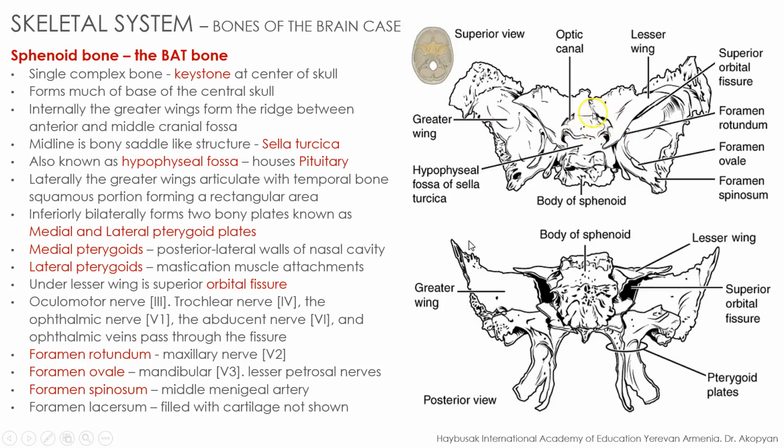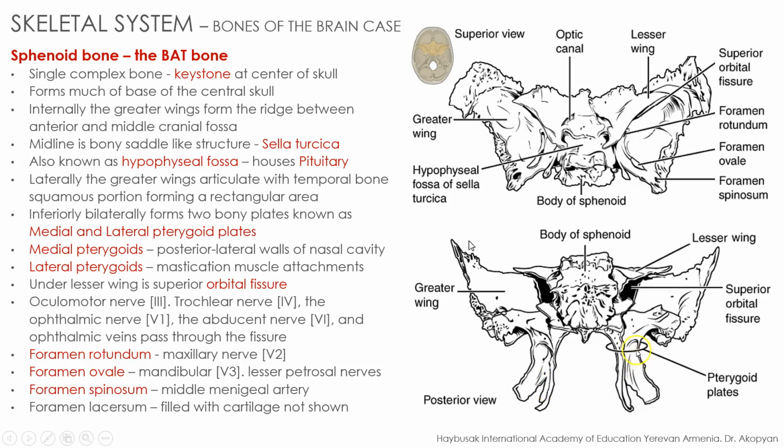Midline can be seen a bony saddle-like structure called the hypophyseal fossa or sella turcica. It houses the pituitary gland. Laterally, the greater wings also articulate with the temporal bone on the exterior at the squamous portion and form a rectangular area.